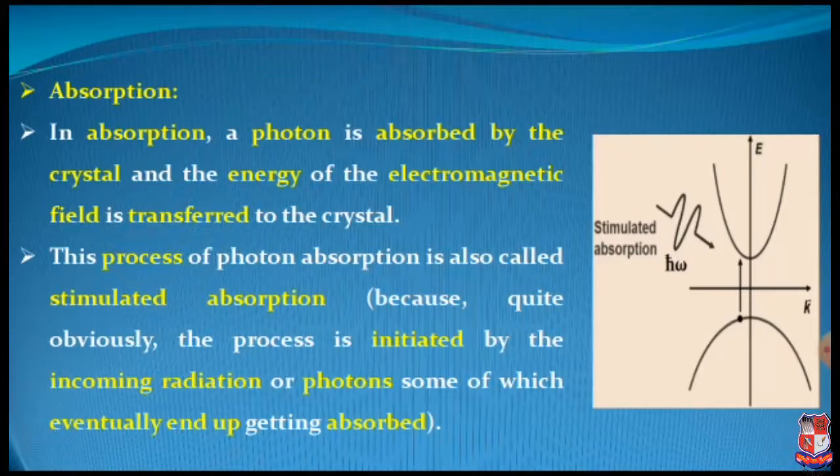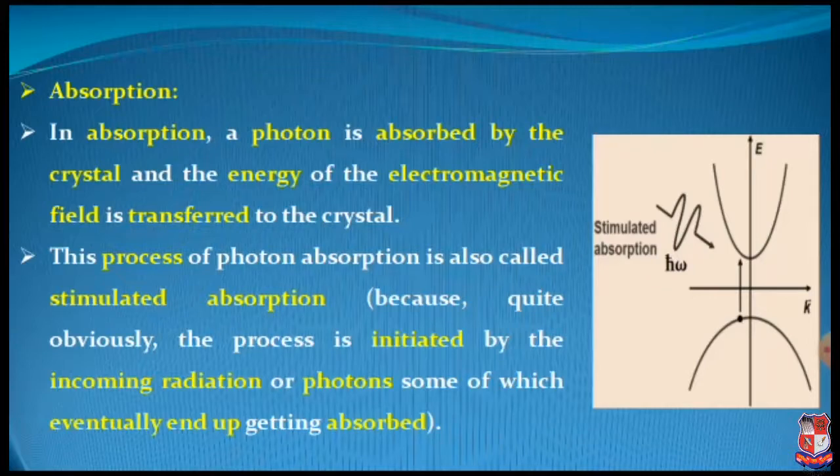In this figure, the bottom level you are observing is your valence band, and the top level is your conduction band. The black dot on the valence band is traveling from the valence band to the conduction band, and you can see that the energy h cut omega is absorbed. This phenomenon is known as the absorption mechanism.